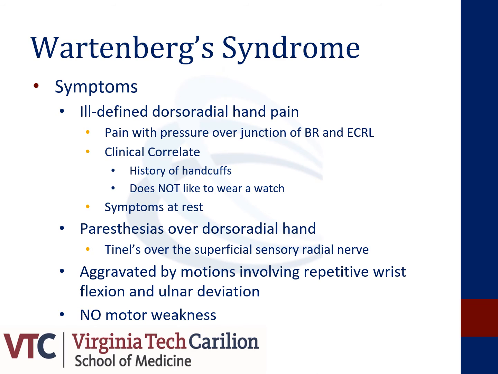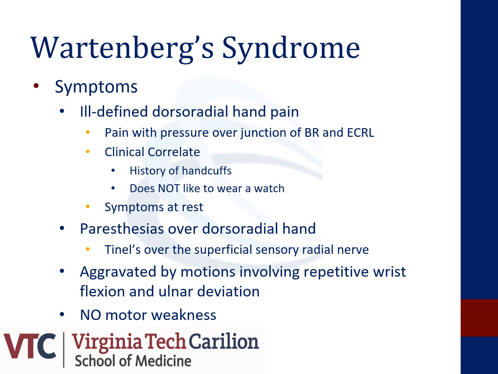Symptoms associated with Wartenberg syndrome include an ill-defined dorsal radial hand pain. This pain can be exacerbated with pressure over the junction of the brachioradialis and ECRL. Clinically, patients may report a history of handcuffs or an inability to wear a watch. They will continue to have symptoms at rest.